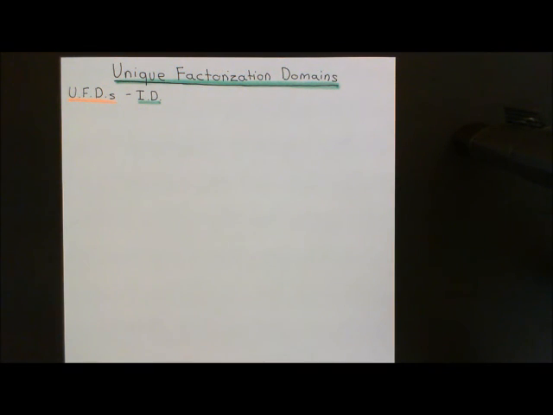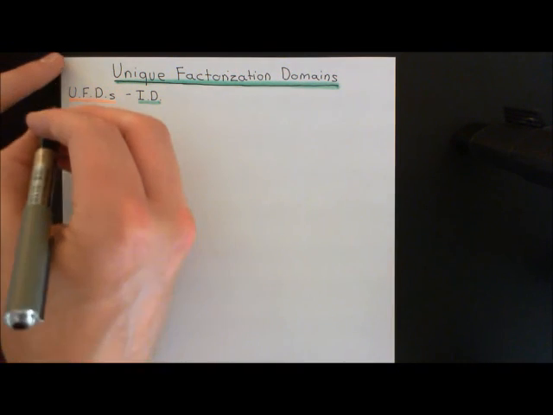Now, the special property that a unique factorization domain is going to obey on top of being an integral domain is that you can factorize all non-zero elements into an irreducible factorization, a factorization of irreducible elements. Let me remind you of the definition of an irreducible element from the previous video in this playlist on ring theory.